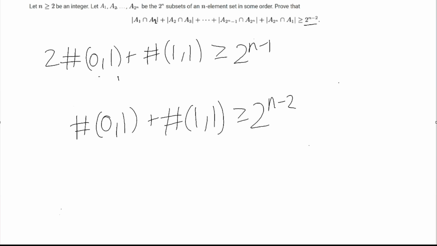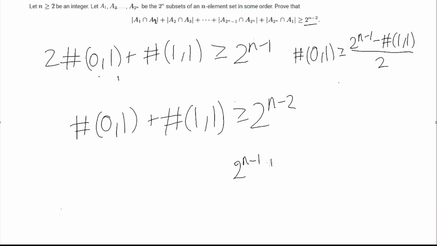So let's try solving for the number of 0, 1, because that's what we've been doing. So we end up getting the number of 0, 1 is greater than or equal to 2 to the n minus 1 minus the number of 1, 1 if we solve it, all over 2. And when we plug it in, we end up wanting to show 2 to the n minus 1 plus the number of 1, 1, because negative 1/2 plus 1, is greater than or equal to 2 to the n minus 2.